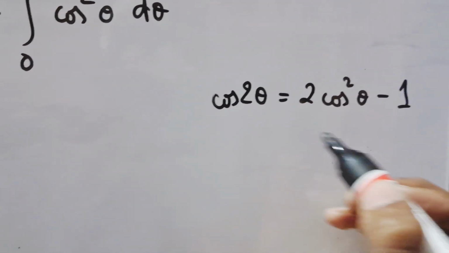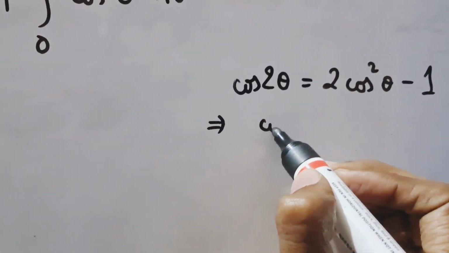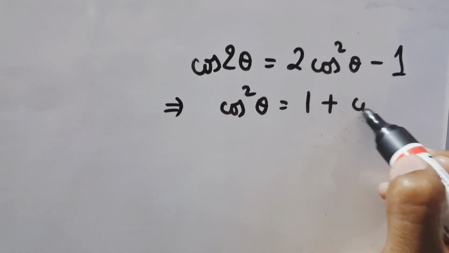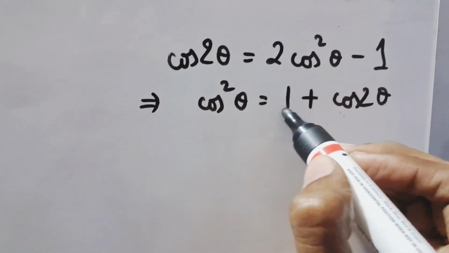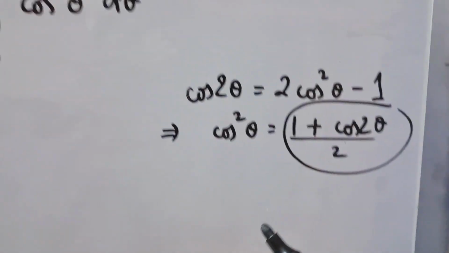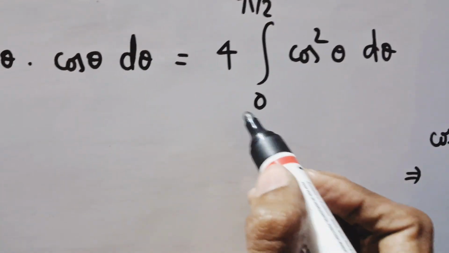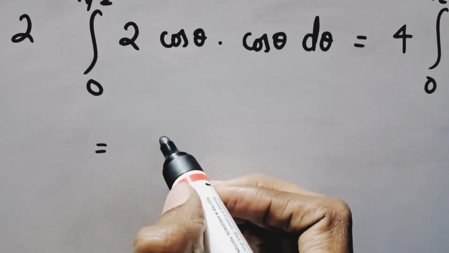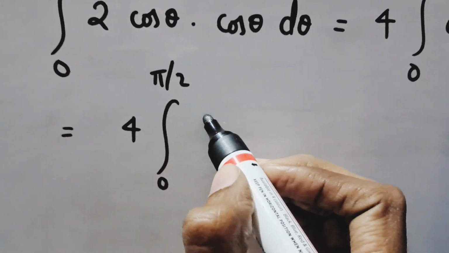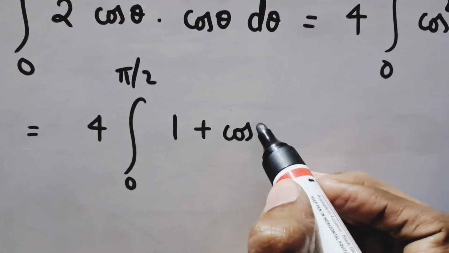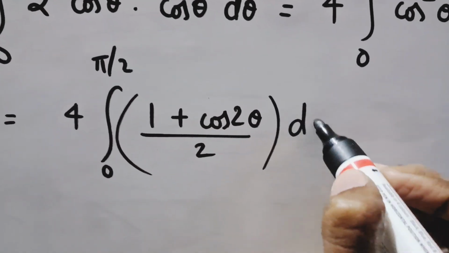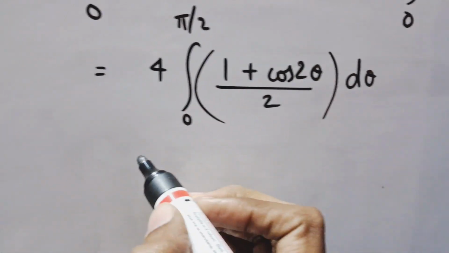This is the formula of cos 2 theta, from which we can write cos square theta is nothing but 1 plus cos 2 theta by 2, and we will use this here. So we write 4 times the integral from 0 to pi by 2 of 1 plus cos 2 theta by 2. This one we have to integrate, which is very simple.